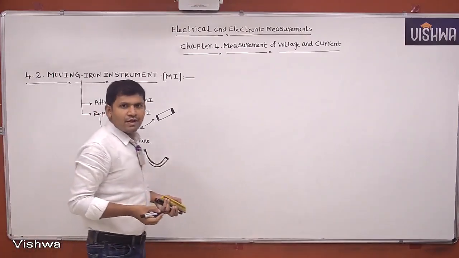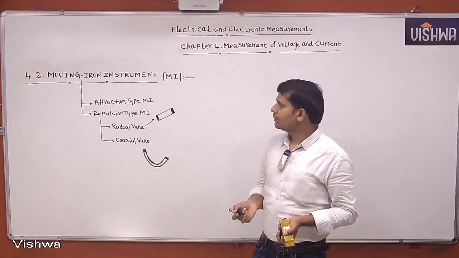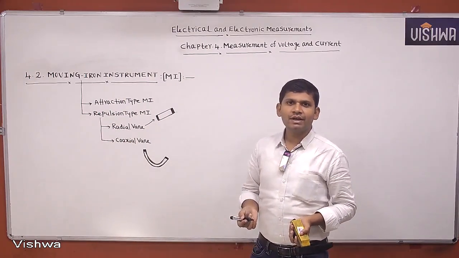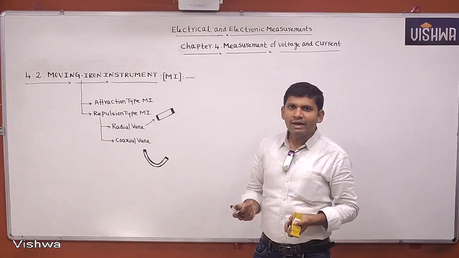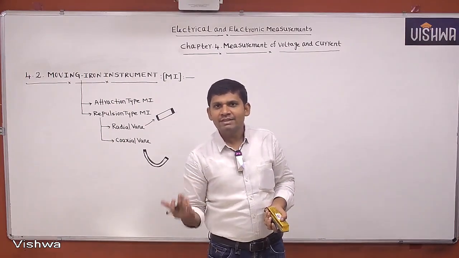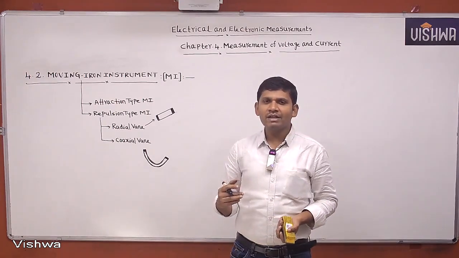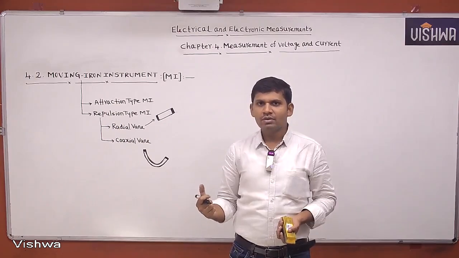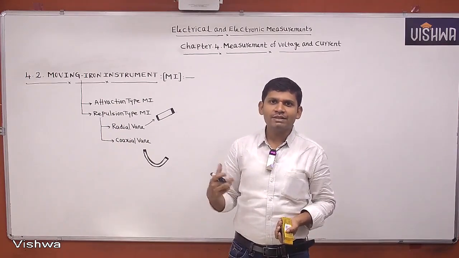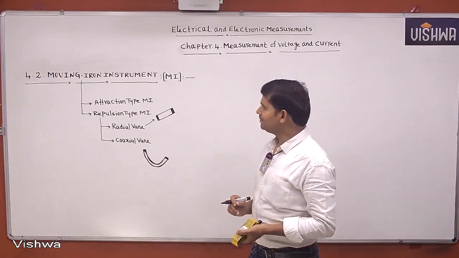First I want to give construction details, like what I explained in PMMC. Based on the construction details, we can get some idea what mechanism the MI type instrument has. Then I will list out some points, which are important to answer any theory question on the MI instrument.